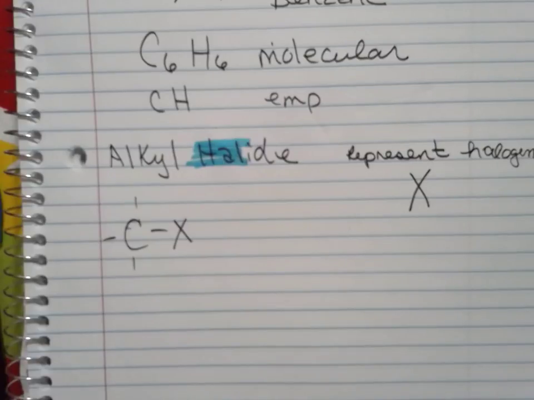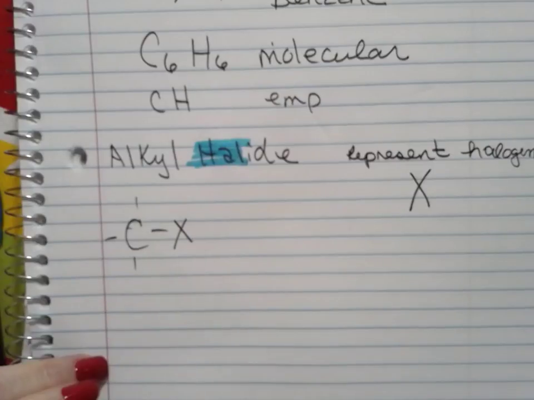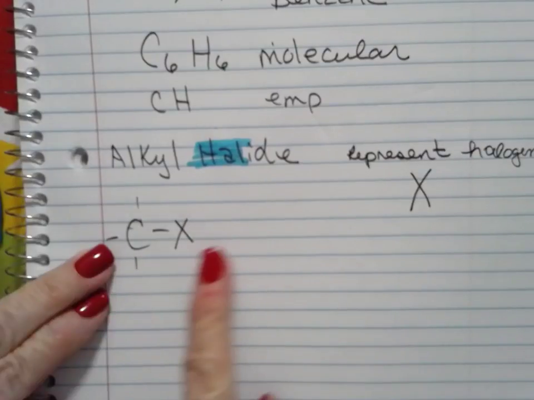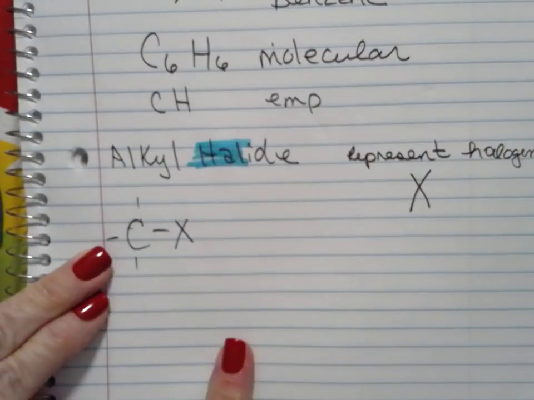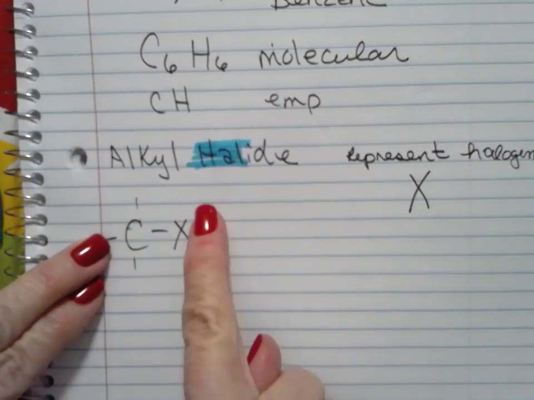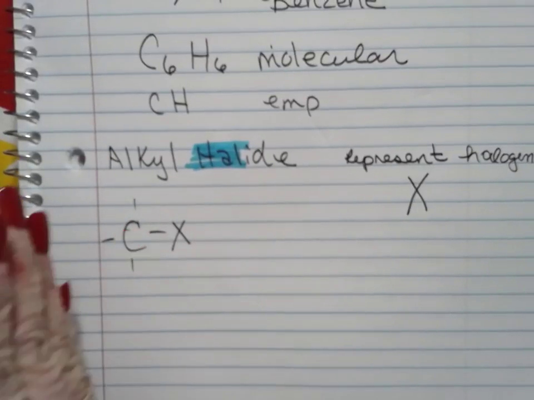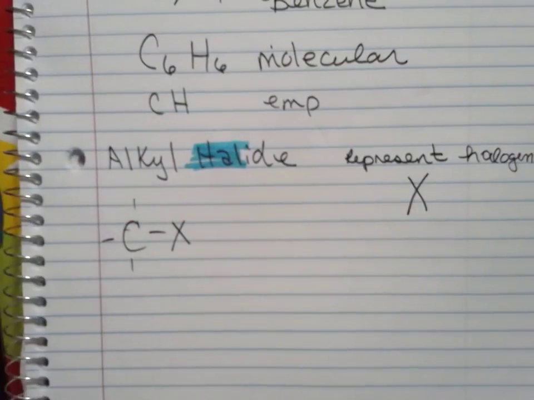And I'll do both of them until you get used to seeing it. But understand, what we want to focus on is this functional group right here. Whatever comes before it is not of main concern to us right now. And often in organic chemistry, at this level, we don't really care at all about what comes before it.